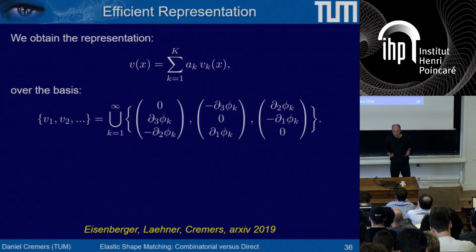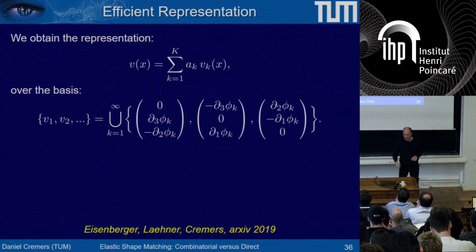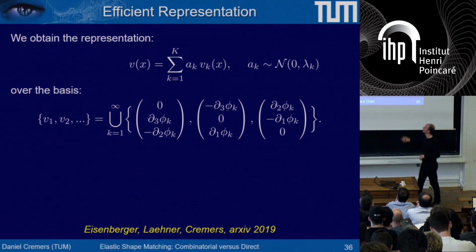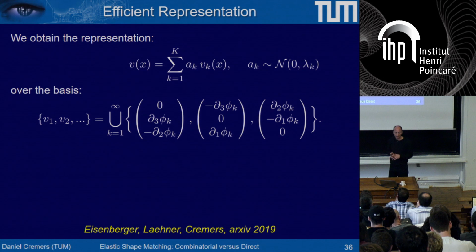And this is a very, I would say, natural representation for your divergence-free vector fields. It also offers a natural coarse-to-fine representation, and so we can even impose a Gaussian distribution if we want on these coefficients, where the lambda k's are related to the eigenvalues of the Laplace-Beltrami eigenfunctions.